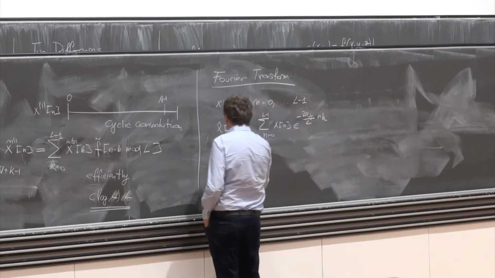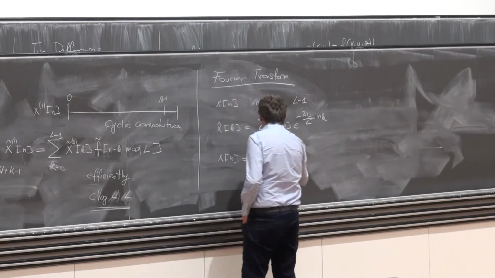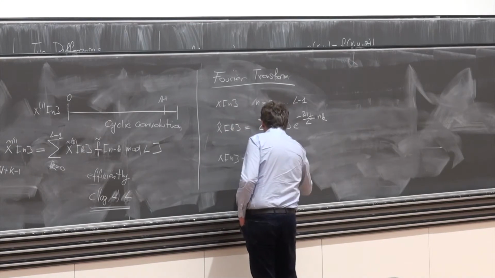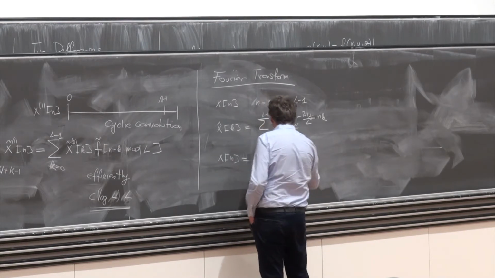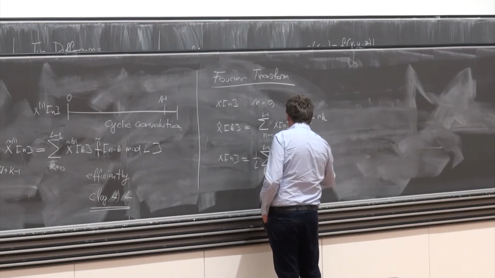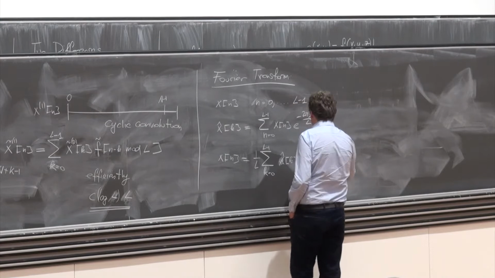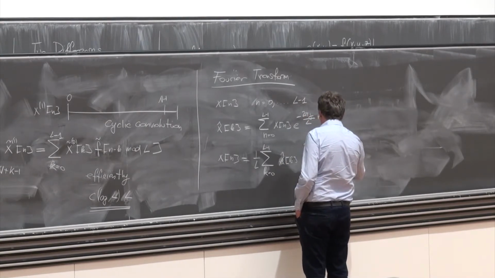And you can go backwards by computing x of n, which is the sum over k from 0 to L minus 1 of 1 over L times x hat of k times e to the 2 pi j over L n k.